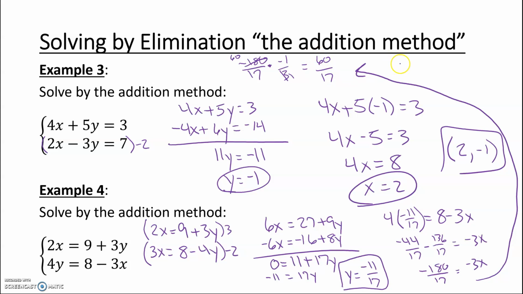And that is your x value. So x is 60 over 17. So as ugly as that looks, the solution is 60 over 17 and then -11 over 17. All right, moving on.